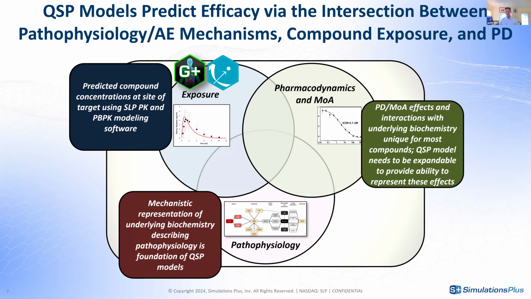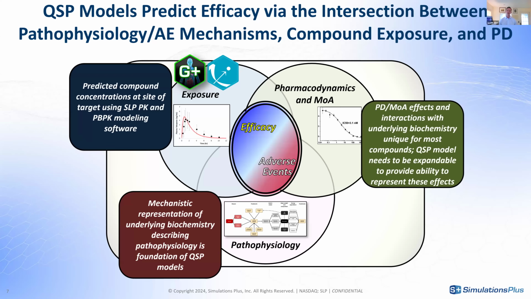So really, it's perhaps more of a mechanism of action. It's also important to note that we develop our models in a way that enables them to be expandable. Because new targets are discovered all the time, we're able to modify, update, and expand the model to incorporate that as we want. And then finally, it's really the intersection of all three of these that allows us, especially when we consider a disease like obesity, to look at the balance between, again, efficacy and adverse events.